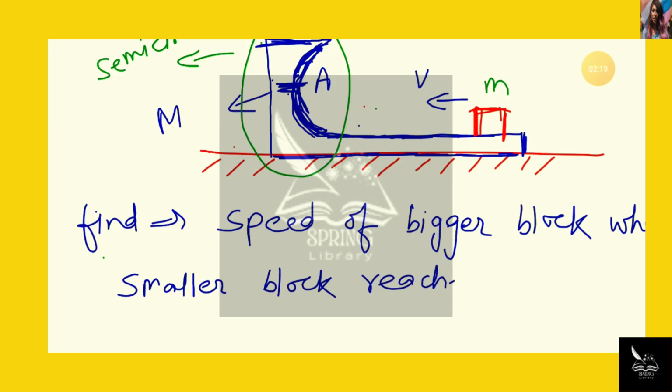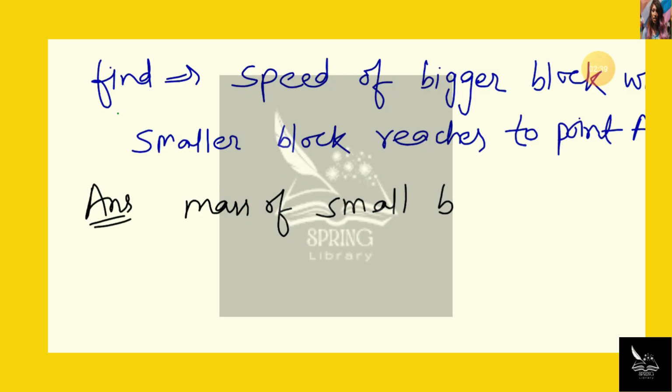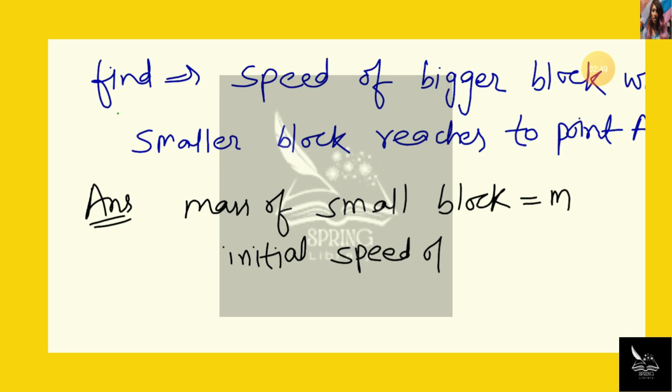In the answer, the mass of the smaller block is given, that is small m, and the initial speed of the small block will be small v, because you can see in the figure there is a v given.